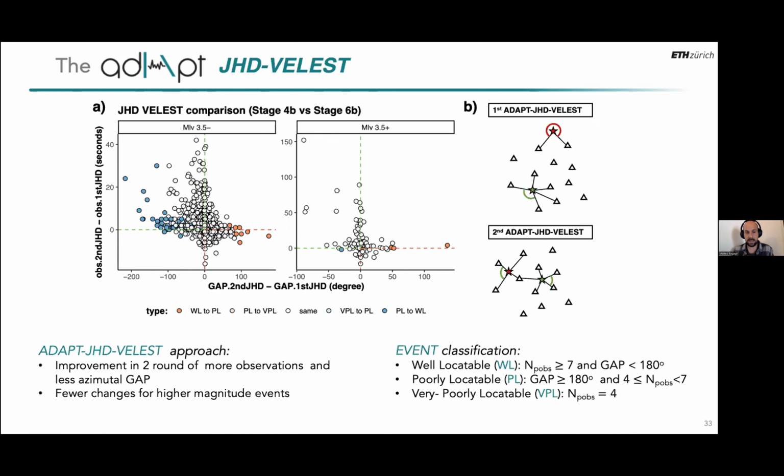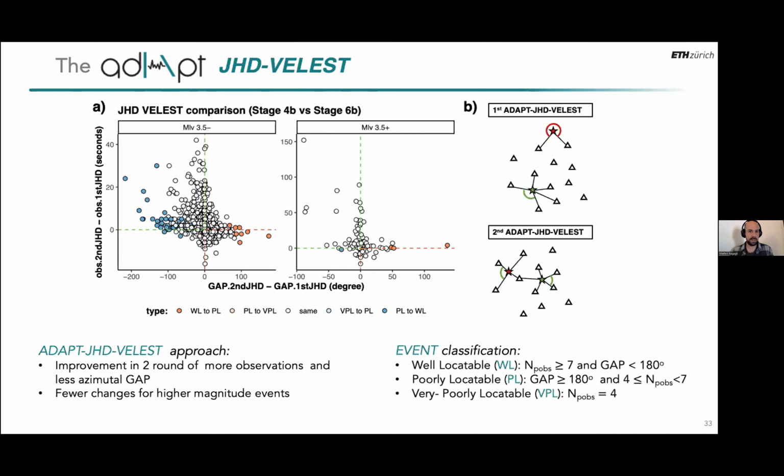On the x-axis, you see the delta of the location azimuthal gap of the second round of picking and filtering, minus the gap of the first round. On the y-axis, instead, you see the delta of the number of observations obtained after the second round and after the first round of our procedure.